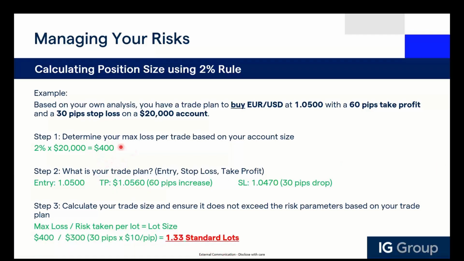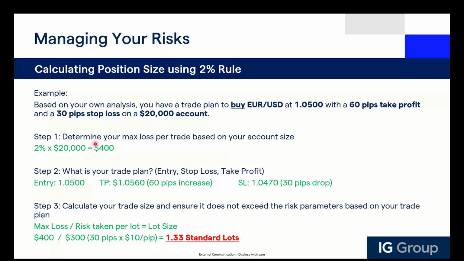To illustrate, I just wanted to highlight an example. In this example, we have a $400 budget to work with. Not exactly budget, it's the risk parameters. We have $400 that we are willing to risk, and the risk taken per lot, right? Right now we are able to stomach 30 pips, and we know that for one standard lot, 1 pip is $10. So if we have a 30 pip stop loss range, this means that it's $300.